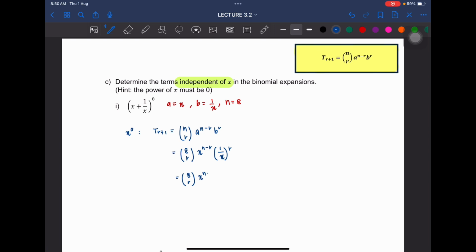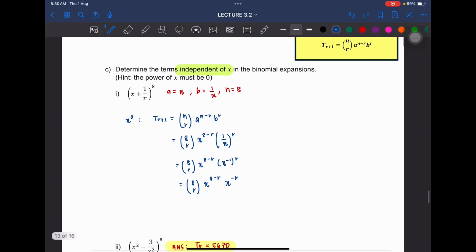We have x to the power of 8 minus r, b to the power of r. What do I do? 1 over x to the power of r. And then this one, we can write it as x to the power of negative 1, to the power of r. Okay, so it will become x to the power of 8 minus r, x to the power of negative r.